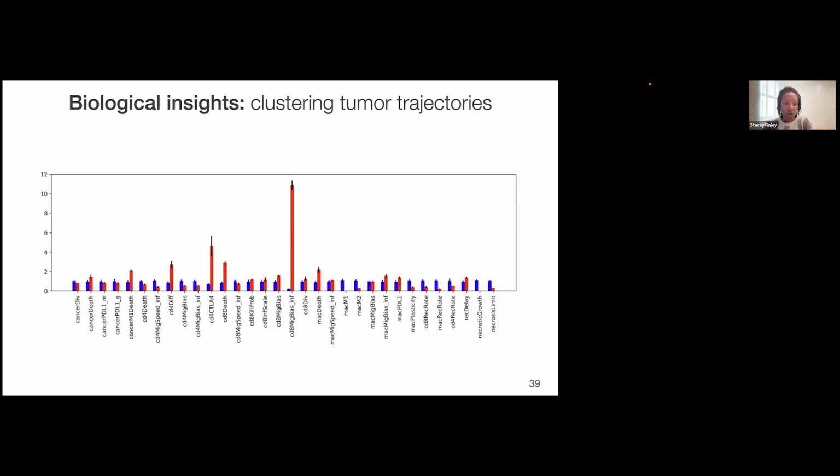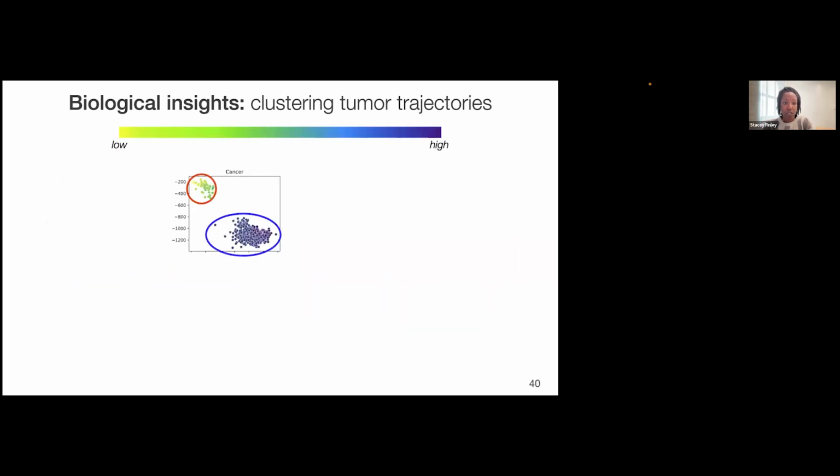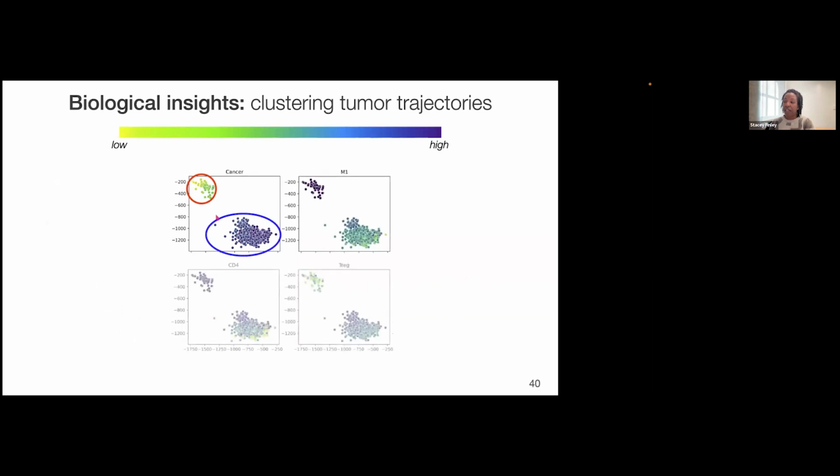So maybe I'll just show one more set of results here. If we know that the red cluster and blue cluster of tumor simulations separate out as we saw in the previous slide, can we see how that correlates with the number of different cell types in the final end states of those tumors?